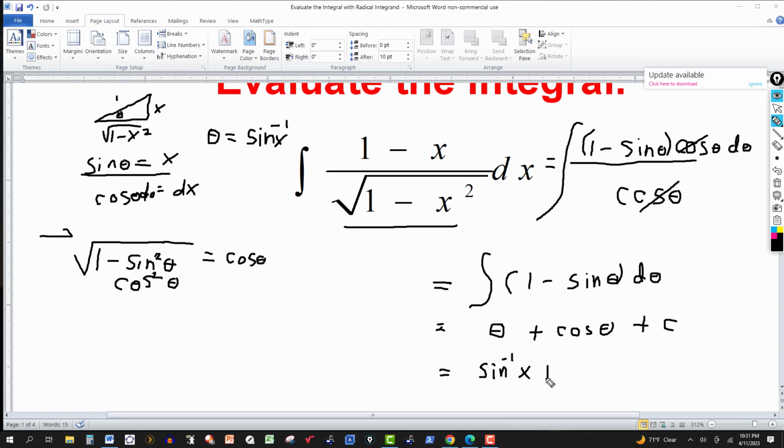And this is plus cosine theta. I go to the triangle over here, and I have the angle there theta. So cosine of theta is equal to the adjacent side, which is the radical, over the hypotenuse, which is 1. So it's the square root of 1 minus x squared over 1, which will just give me the square root of 1 minus x squared, plus the constant of integration. And there's your answer.